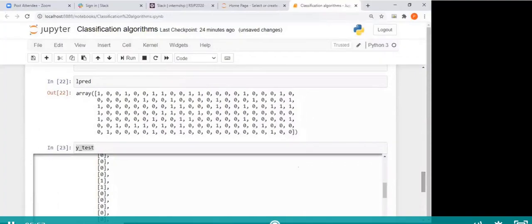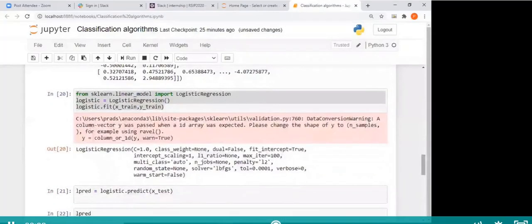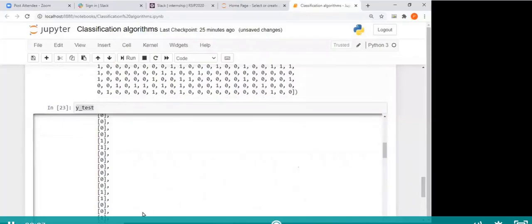Yes or no? But after giving the proper standard scaling value, I got the correct answers. Thank you so much for your observation, Kavya.